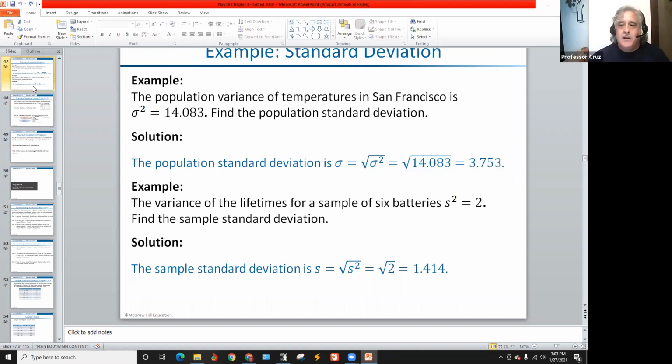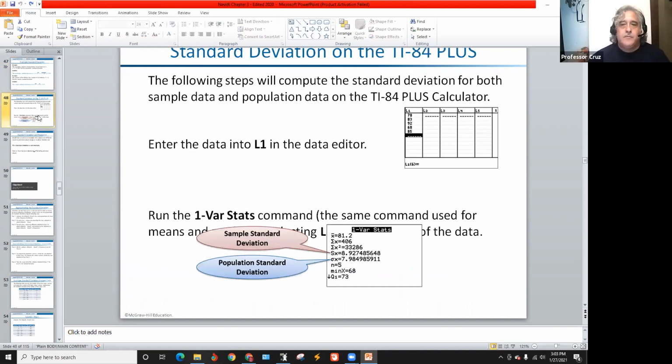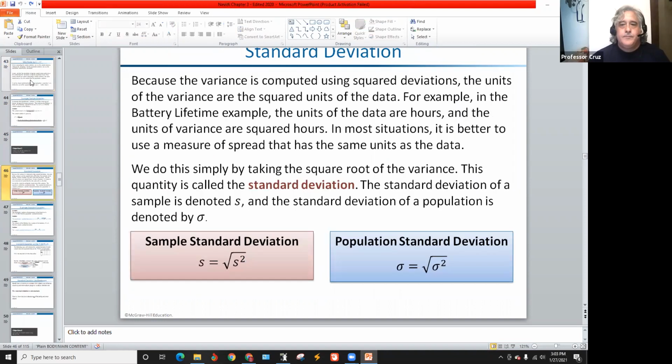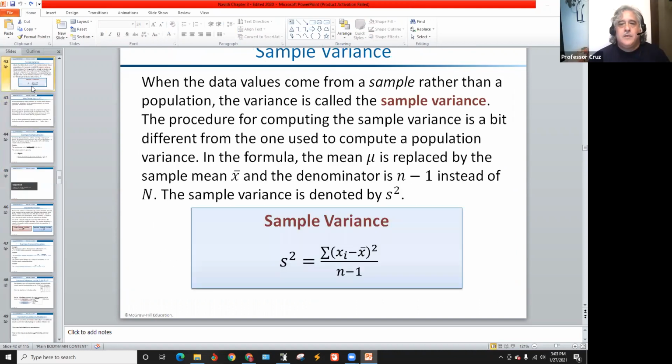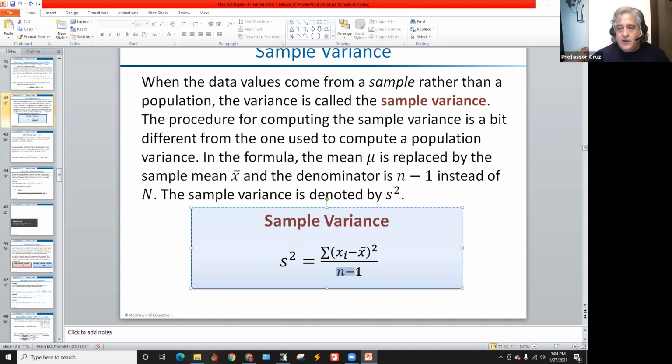All right, now let's go back and look at sample. The sample variance and standard deviation is slightly different. Hopefully you can see that in the denominator, you divide by n minus 1.